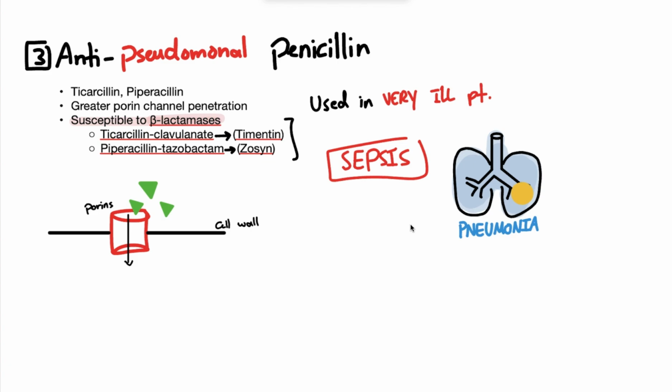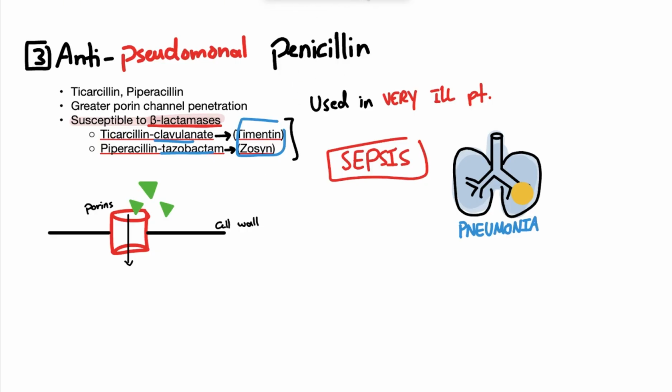However, an important downside here is that they are susceptible to beta-lactamases. And to prevent this, just like we prevented that in the sensitive ones, we can use clavulanate and tazobactam. The commercial names for these include Augmentin and Zosyn.